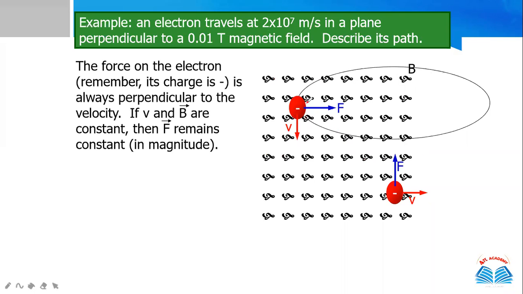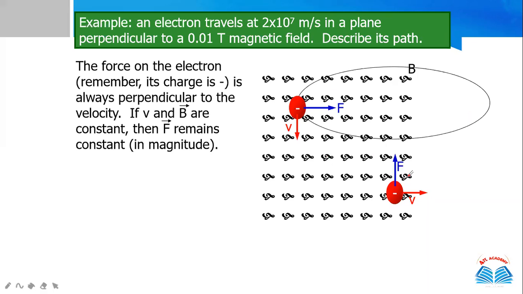These are the charges. Suppose one charge is rotating in a circular motion, and the other charge is not in a circular motion. It is moving arbitrarily.